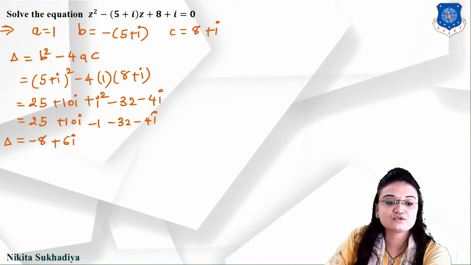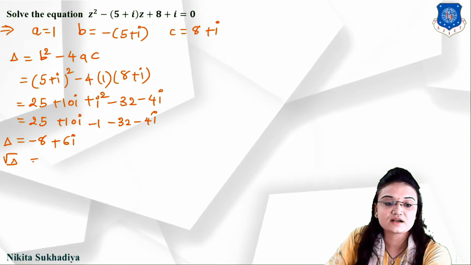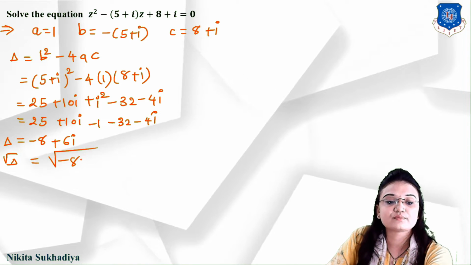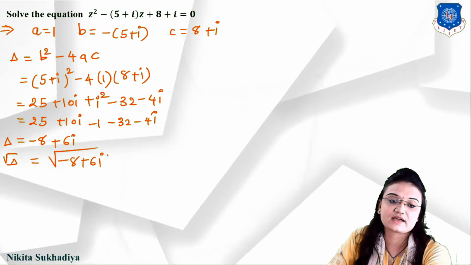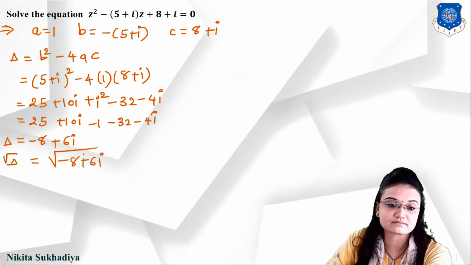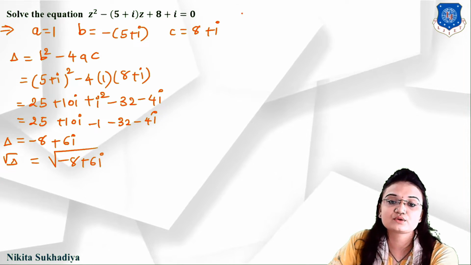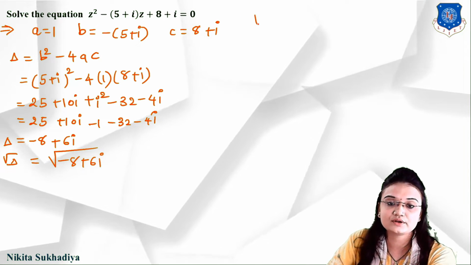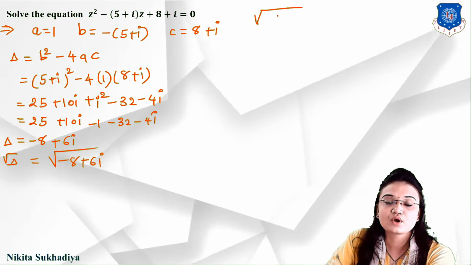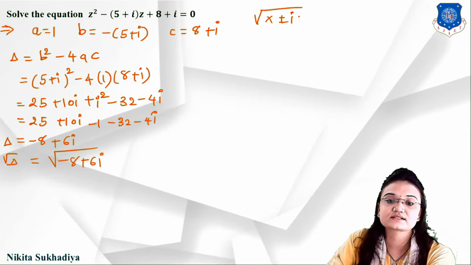So this is the value of delta, but here we have to find the square root of delta, so this will become the square root of minus 8 plus 6i. Here we have to find the square root of a complex number. There is a shortcut method to find the square root of a complex number, in the form of x plus or minus iy.